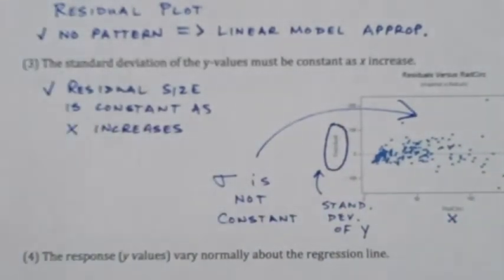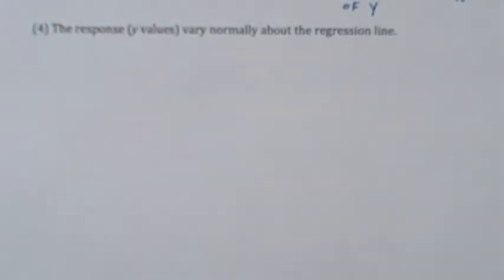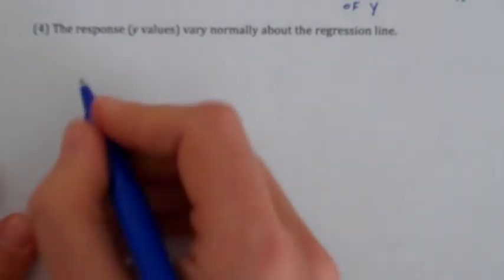That brings us to the last condition and the last thing we need to talk about here. This is the most unusual of the conditions. It's this. The response, which is the y values, must vary normally about the regression line. And so what we want to do is look at the residuals.